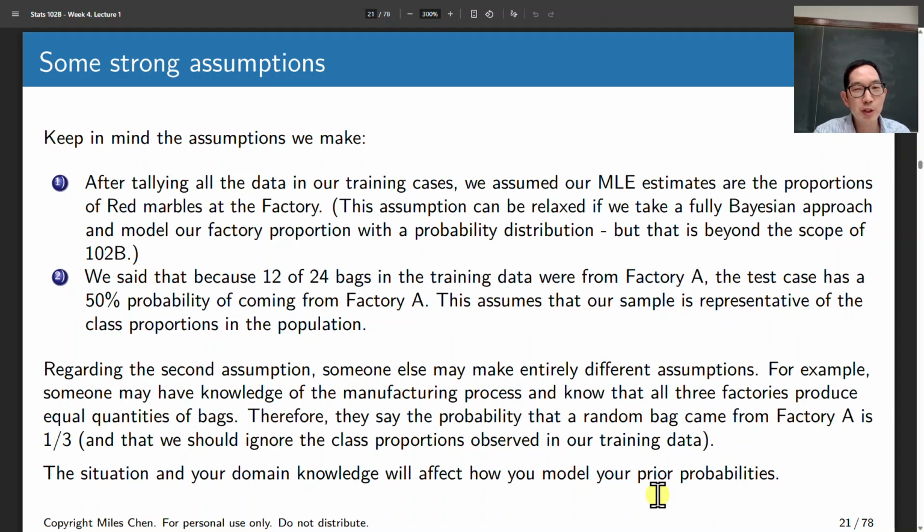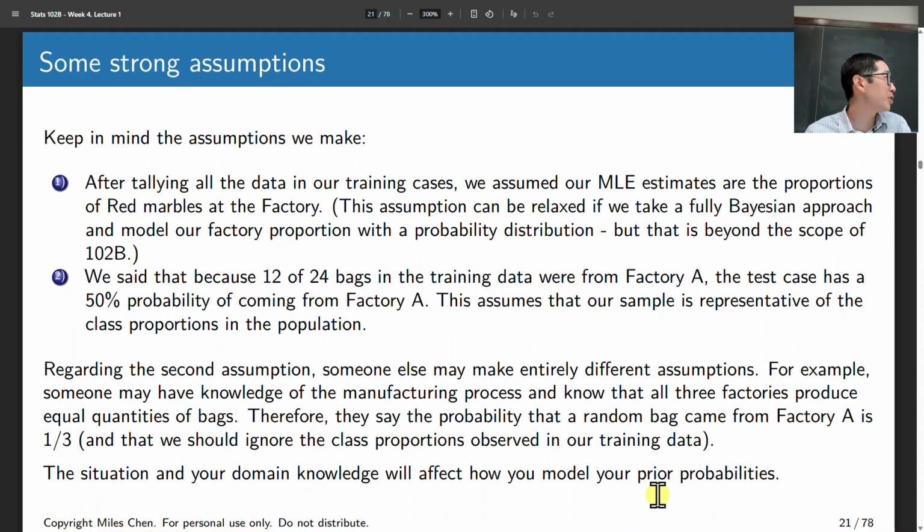So some of the assumptions that we're making that we just want to be mindful of, okay? It says, after tallying all the data in our factory, we assume that the maximum likelihood estimates of the proportions of red marbles at the factory is basically the filling proportion, right? So when we just opened up our bags of marbles that said factory A, we assumed that factory A fills marbles at 60% red.